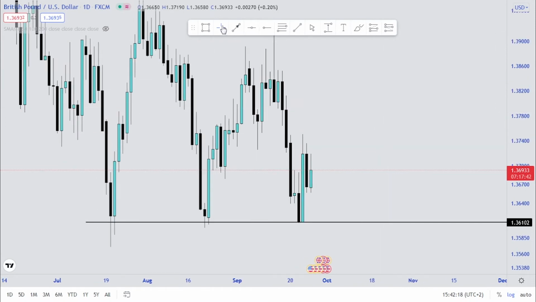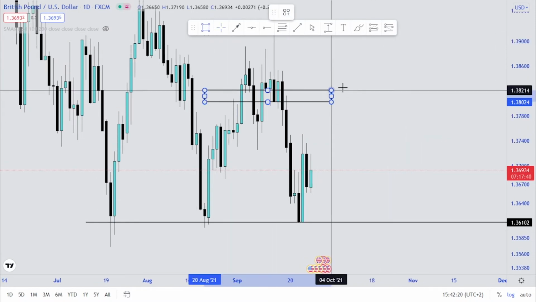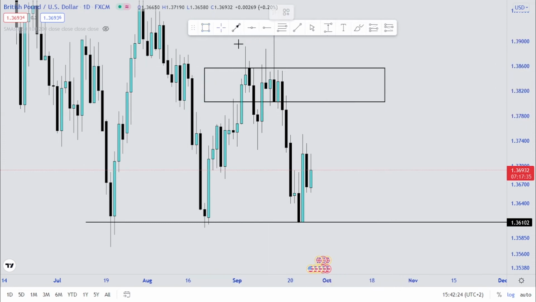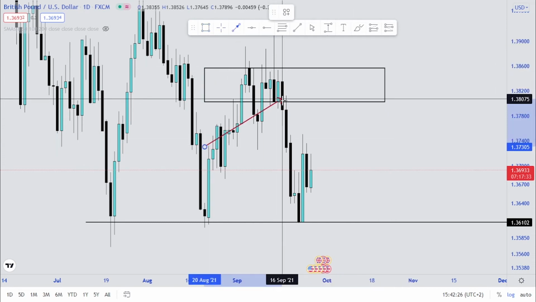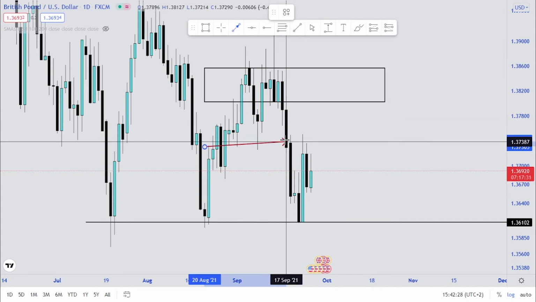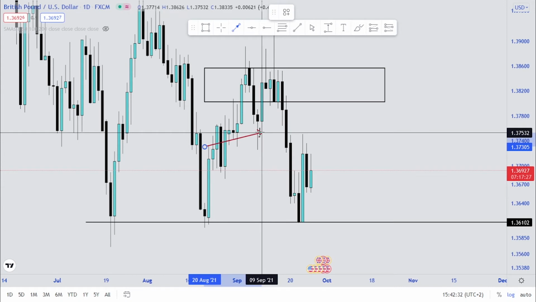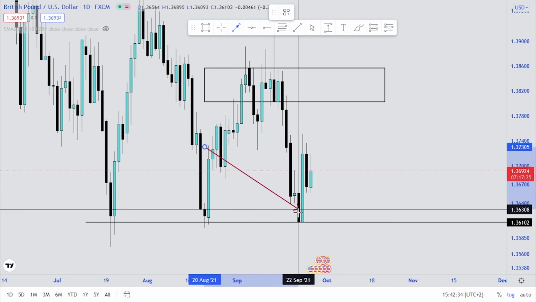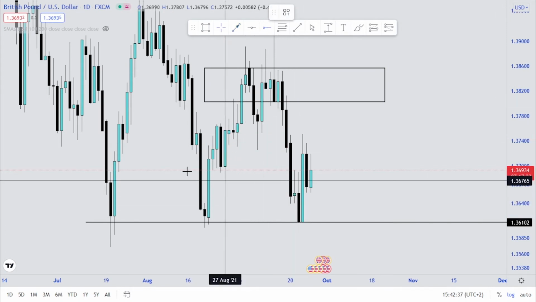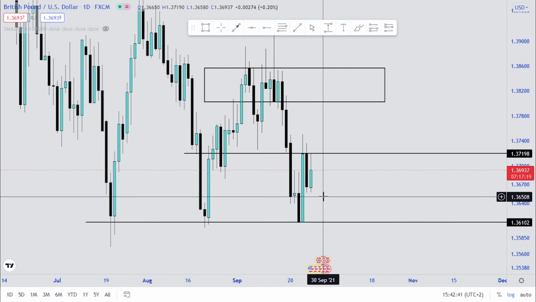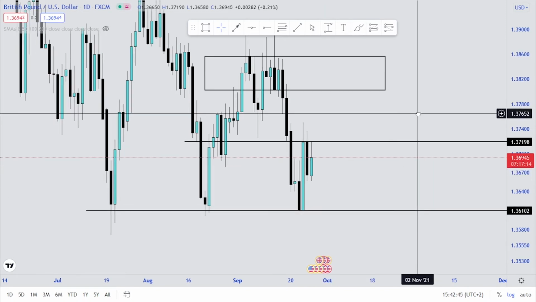What I also can notice is that price did form this box region and respected it multiple times, and we can see price did break out, a beautiful impulse breakout, and price came for a retracement, the lack of intent, and we can see a structure break right there, and price created this new low. And now I can see that price will most likely come and retest this region of 1.37198 again, because why, that is a really important area.